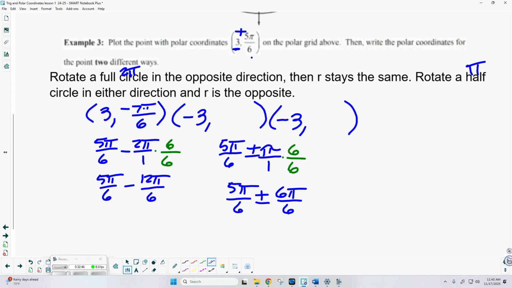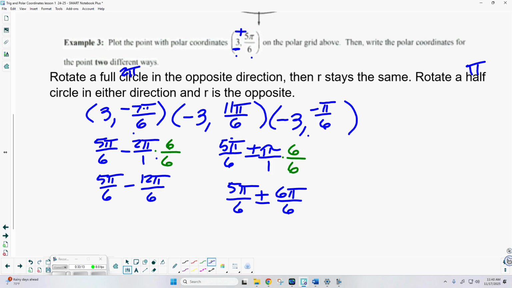What's 5 pi plus 6 pi? That would be 11 pi over 6. But 5 pi minus 6 pi, that's what? Negative pi over 6. So all 4 of these points are the exact same point, the exact same position.